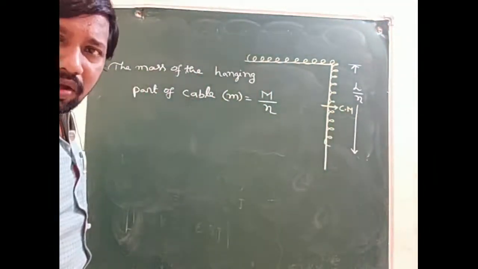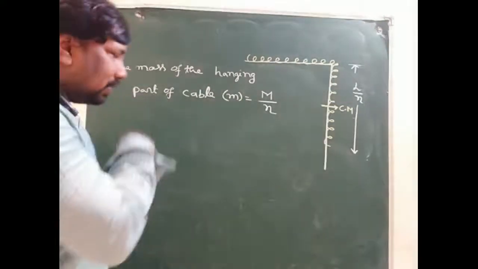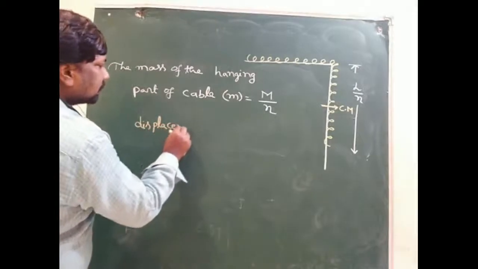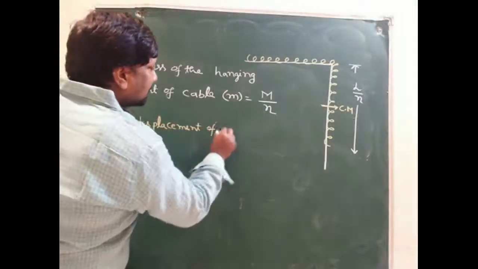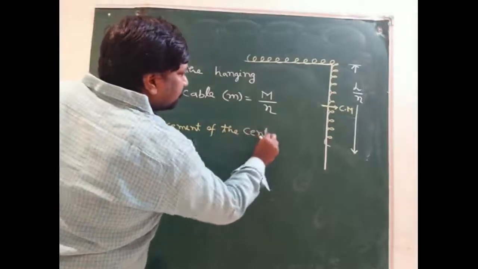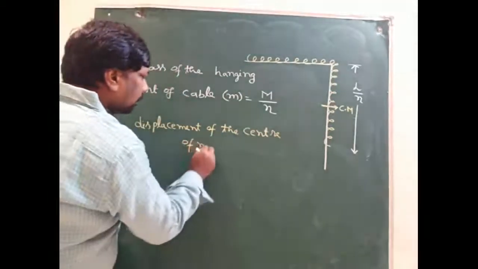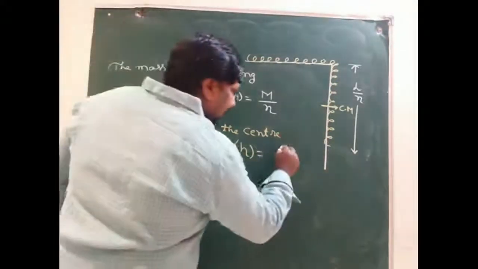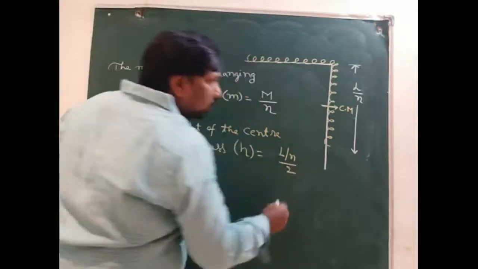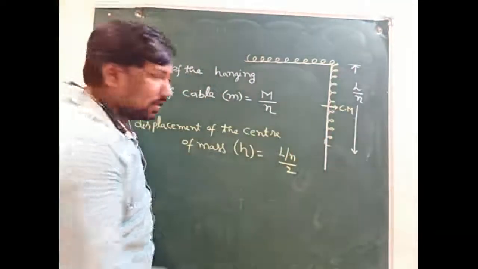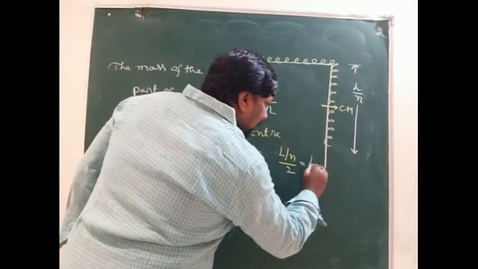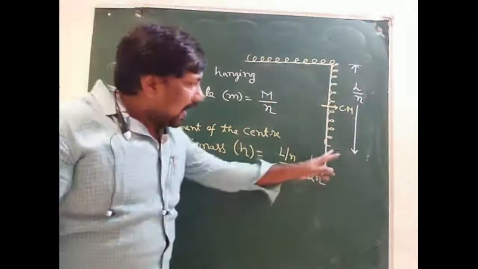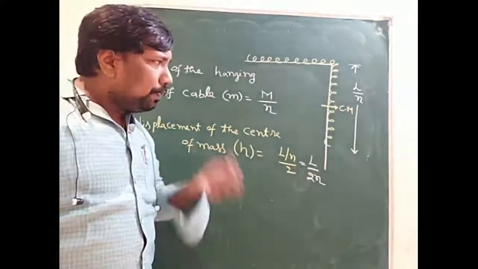Here the center of mass of the hanging part, that is the displacement of the center of mass, is H. Here H equal to L by n by 2. So that is half of L by n, that means L by 2n.